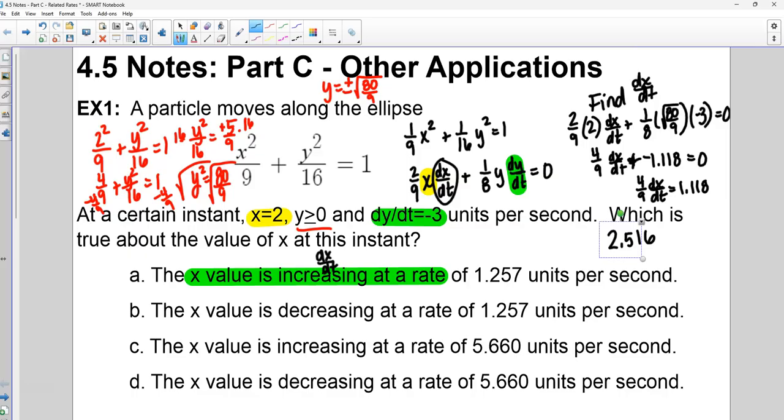Does anyone see a mistake that I have made? I feel pretty good about it. Radians or degrees shouldn't make a difference here because we didn't have any trig.